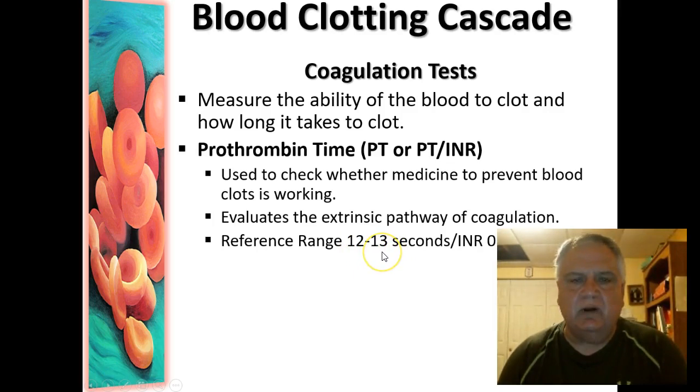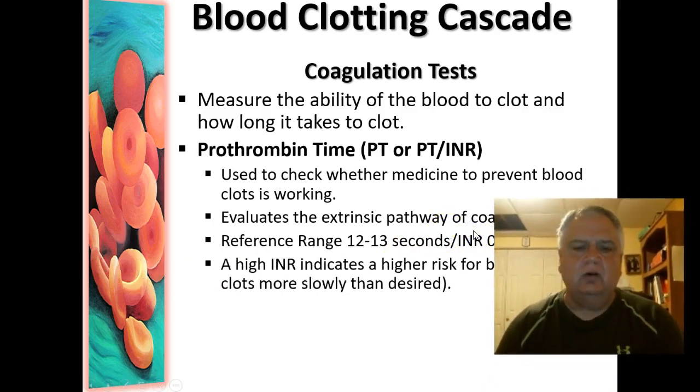So to eliminate the variability, we have the INR. So this is converted then to an INR, and the INR should be between 0.8 and 1.2. That accounts for variability between different labs.